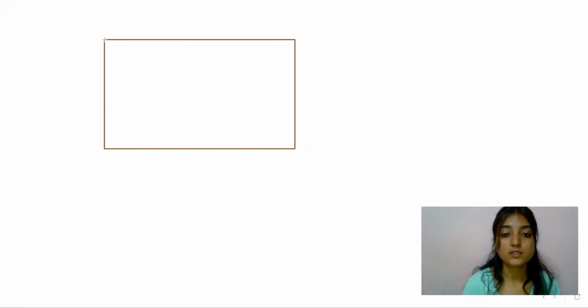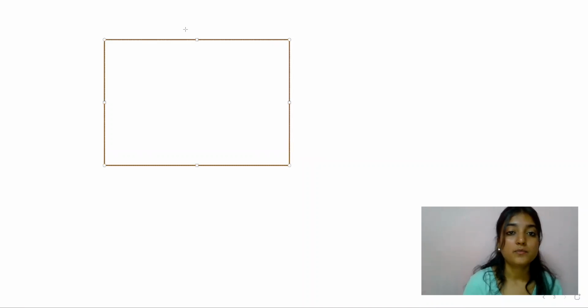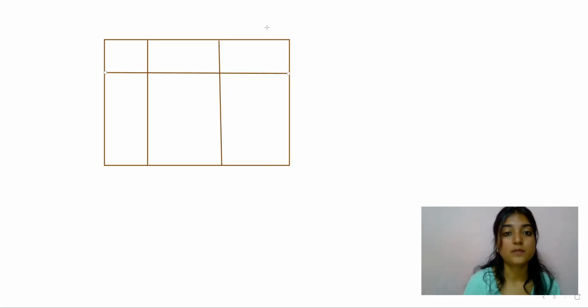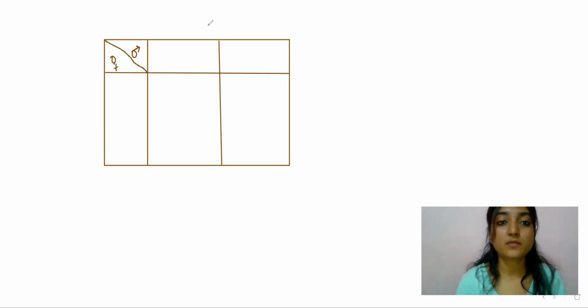We will make this in the next slide. You just have to make a table like this. This will be the male, this will be the female, and just make a divider.